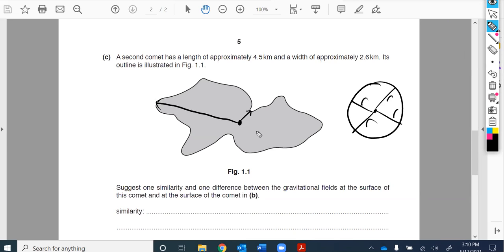These distances are obviously different. So it wouldn't be a uniform field, like a strong field here and a weaker field up here. Whereas all around this, the gravity field is exactly the same, denoted by the length of this vector. So a similarity would be about the same strength, but different in different places around it due to its shape. All right.